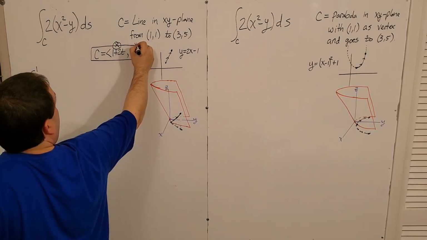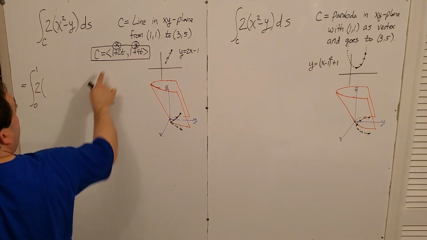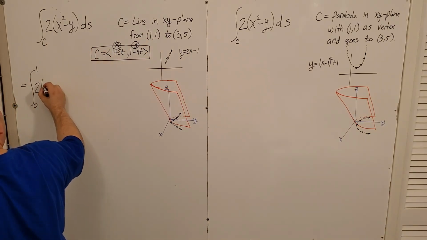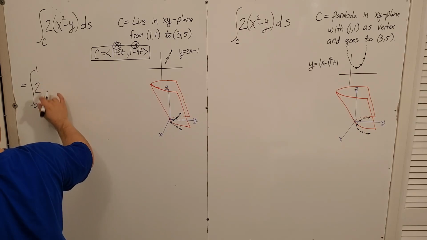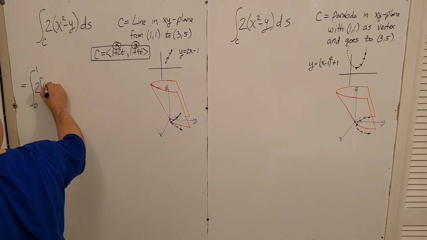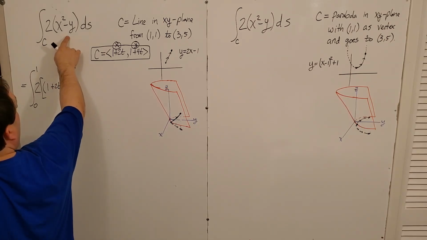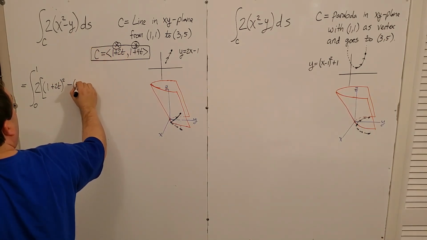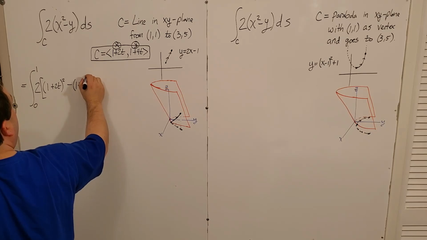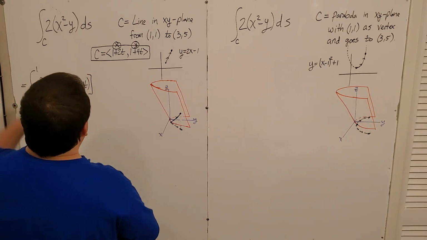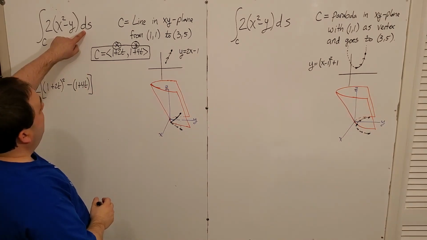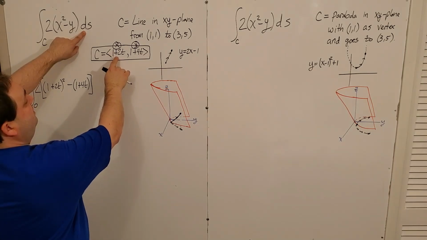And this is my y right here. Okay, so 1 plus 2t squared minus y, 1 plus 4t, and then ds. So I've got to do the length of the derivative here.